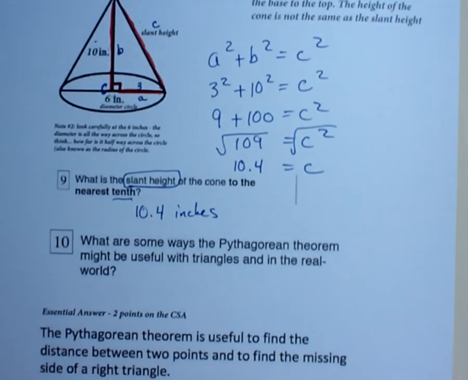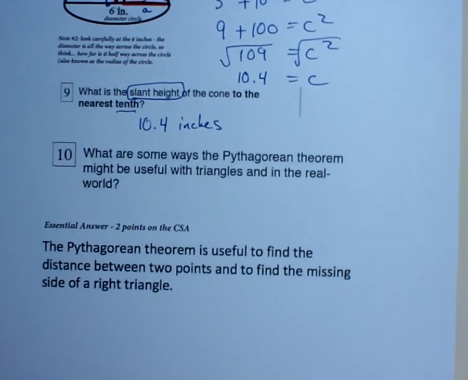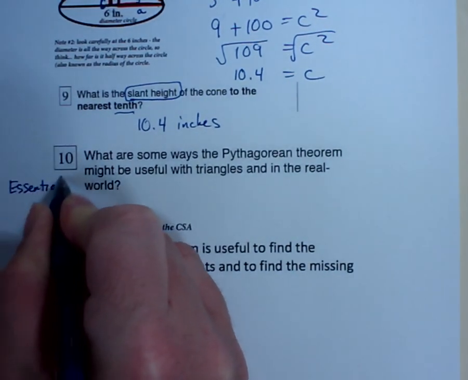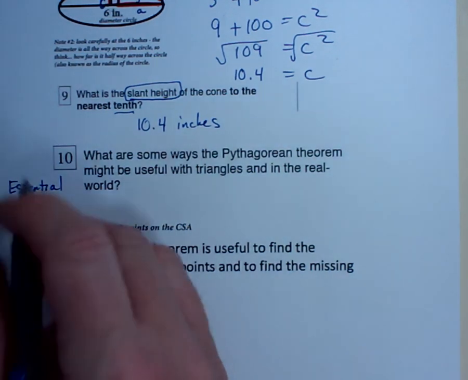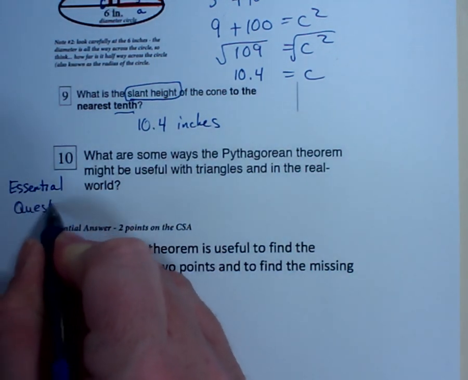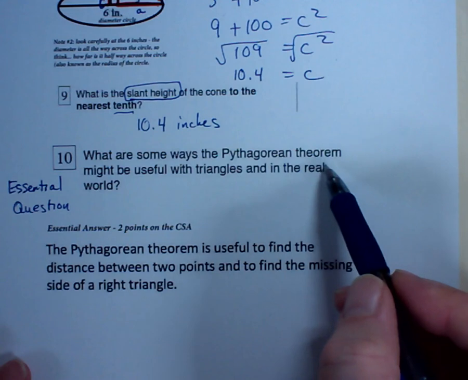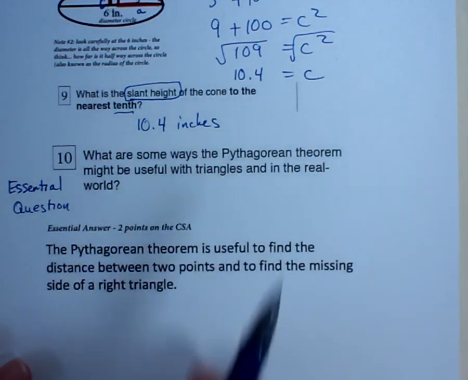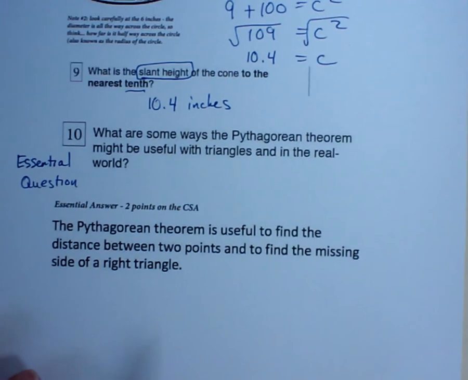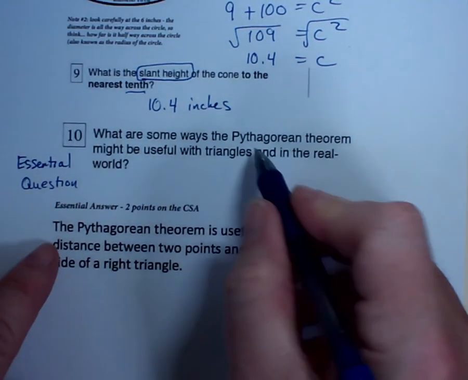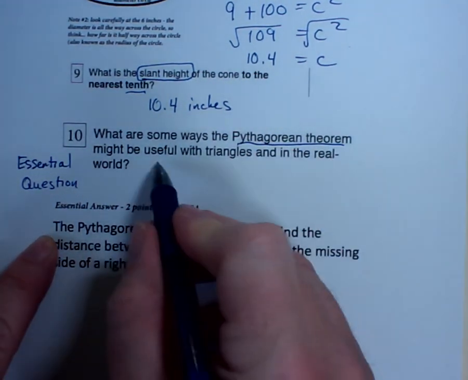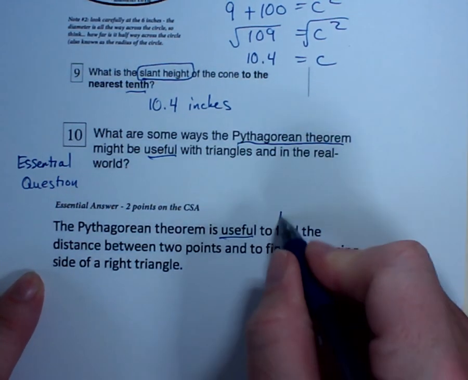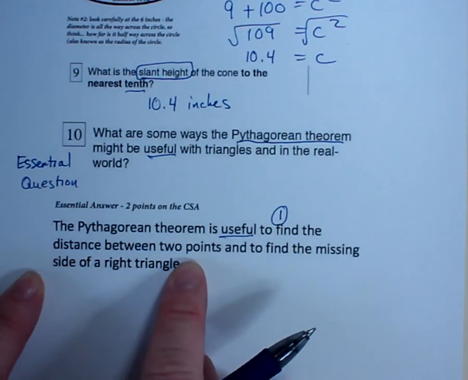And lastly, we've discussed this essential question a lot in the last 4 or 5 weeks. It reads, what are some ways the Pythagorean theorem might be useful with triangles and in the real world? There are 2 ways that the Pythagorean theorem is useful. 1, to find the distance between 2 points.